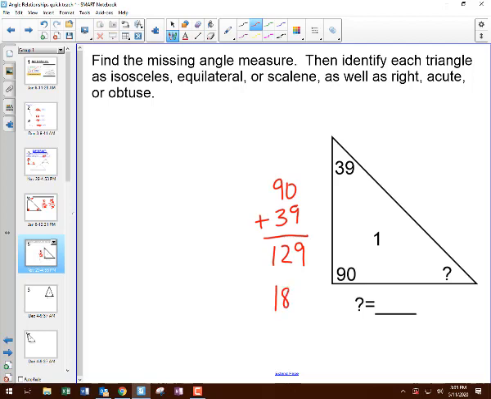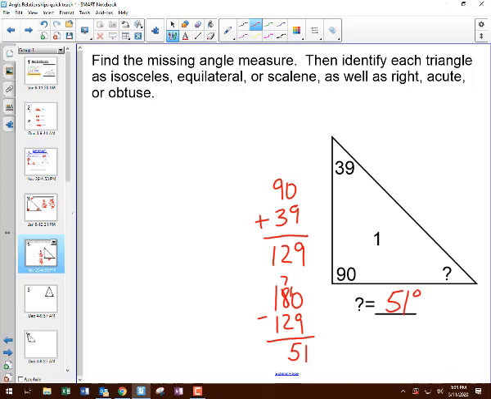So 180 minus 129. So the angle we don't know here is 51 degrees. You can always check yourself by adding them back together. It always should add up to 180.